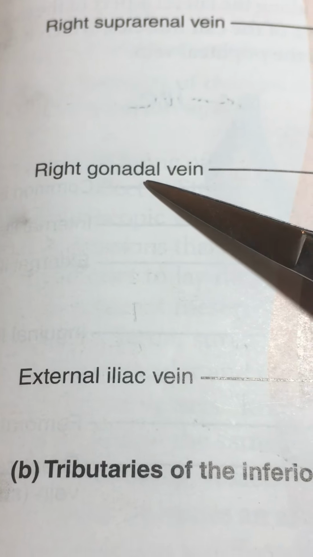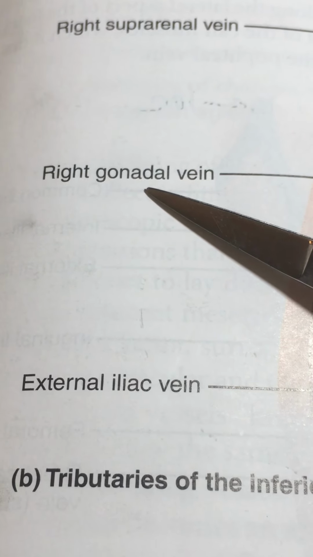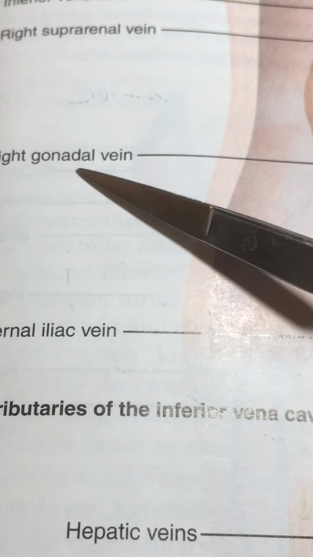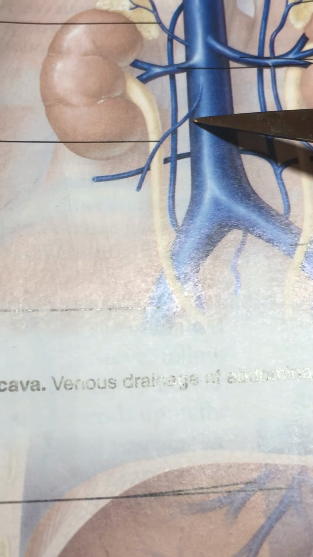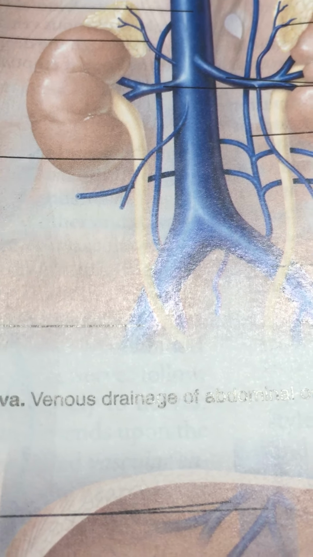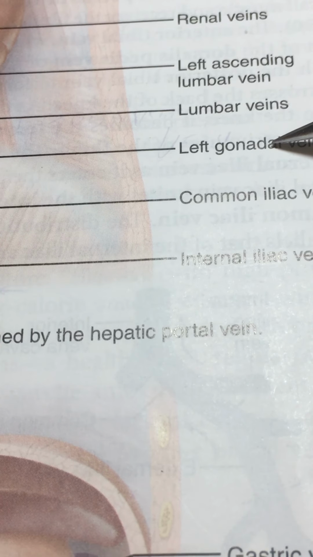This is the right gonadal. Gonadal really just means it's either the testis or it's the ovary. So it's testicular vein or the ovarian vein is coming up this way and emptying into the inferior vena cava. And then over here we have the left gonadal, which is testicular or ovarian.